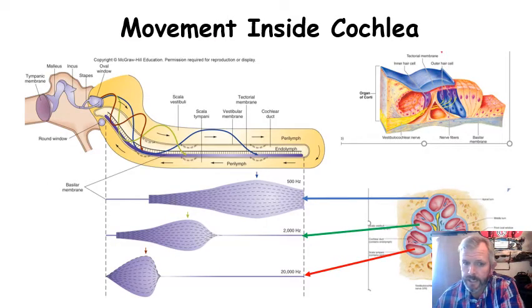So let's see how this translates to movement in our cochlea. First, here's a little better blow up of our organ of Corti, where we have our hair cells. These are our hair cells. There are outer hair cells and the inner hair cell here. The inner hair cell is the actual sensory organ for hearing.